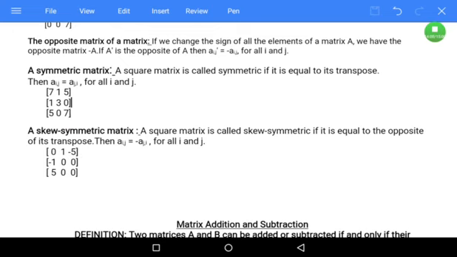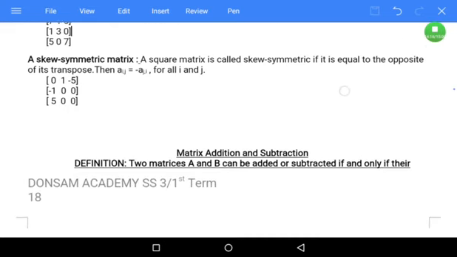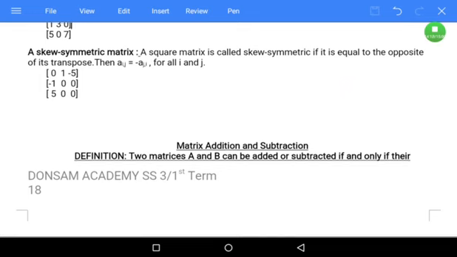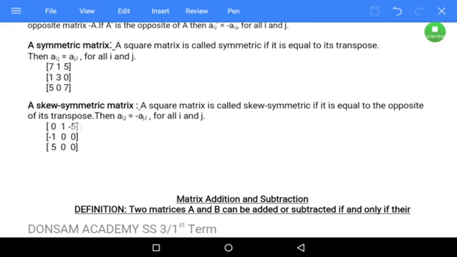So a matrix such that when transposed still gives the same initial matrix is called a symmetric matrix. And we have what they call the skew symmetric matrix. A matrix is called skew symmetric if it is equal to the opposite of its transpose. It means after transposing the matrix, we have the same numbers but opposites. Those that were plus before become minus, and vice versa.